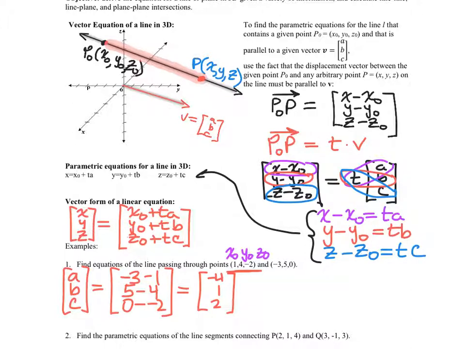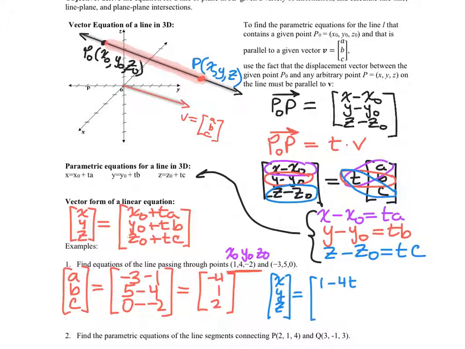So we could define x, y, z a couple of different ways. Since we know what a, b, and c are now, we could say that this is 1 minus 4t.